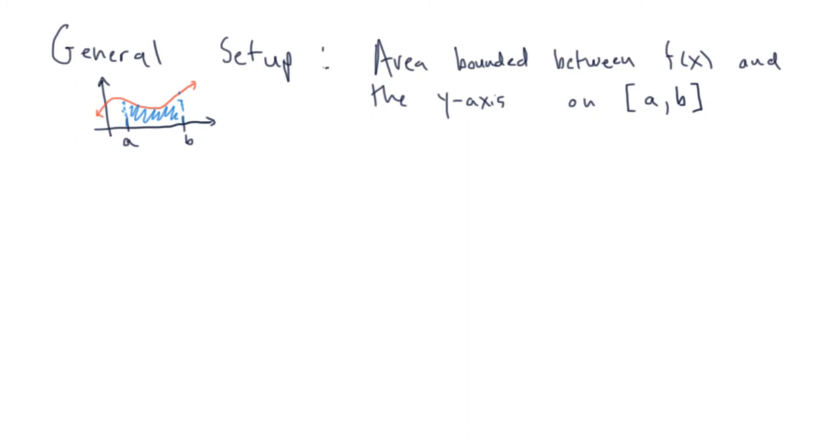Now, we're going to make a technical assumption about f of x, that it is continuous. And now if it's continuous, this will all make sense on a very technical level. So the area bounded between this continuous function, f of x, and the y-axis on this closed interval AB. That's our goal.